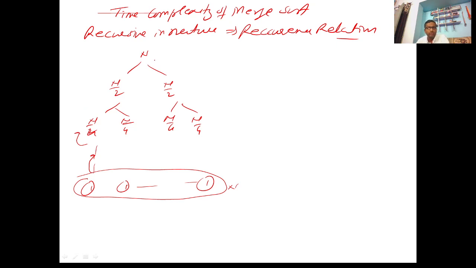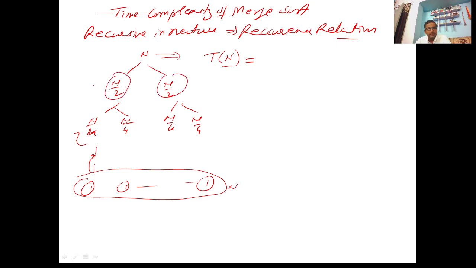So let us try to write the recurrence relation for merge sort. Initially the list was containing n elements. So let us write a recurrence that gives the time taken when the size is equal to n. So an n size list was divided into two lists each having size n upon 2.